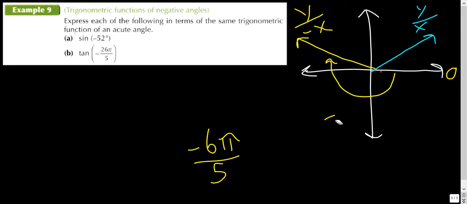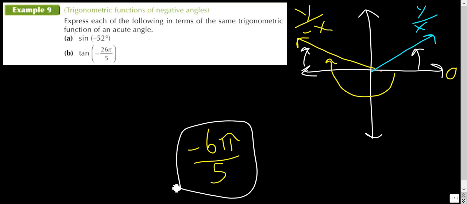These angles share something in common. They both seem to be moving backwards off this line the same amount. How much are they moving off of that line? For negative 6 pi over 5, this line over here we normally call pi, but it's also negative pi, because if we think about going backwards pi, that's where we went.